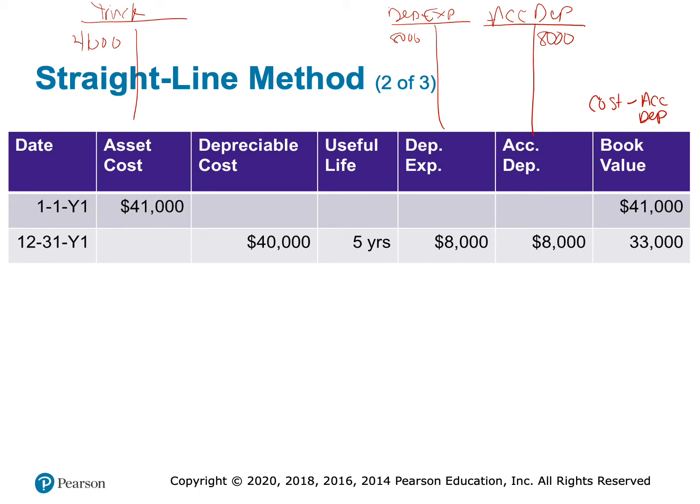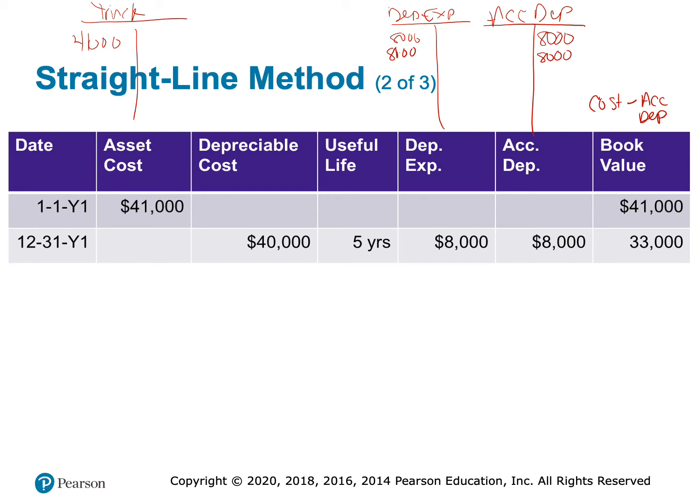So now I'm going to use the asset for a whole other year. So we are now at the end of year 2, 12/31 year 2. I'm doing my adjusting entries. I'm going to do another adjusting entry to debit depreciation expense and credit accumulated depreciation for $8,000. So I'm going to post those over here. Notice I didn't touch the truck.